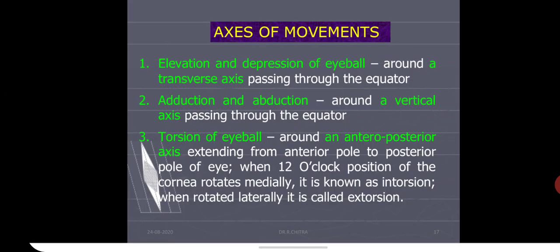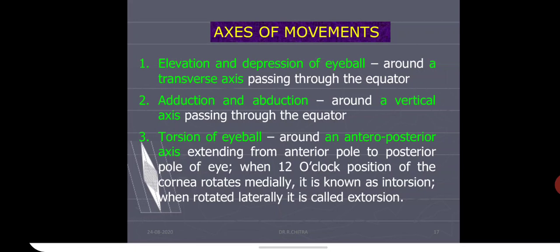Now, movements and axis of movements. What are the movements of the eyeball? Elevation and depression of the eyeball, moving upwards and downwards. Adduction and abduction of the eyeball, moving medially and laterally. Torsion of the eyeball, which is rotation around an anteroposterior axis, extending from anterior pole to posterior pole.